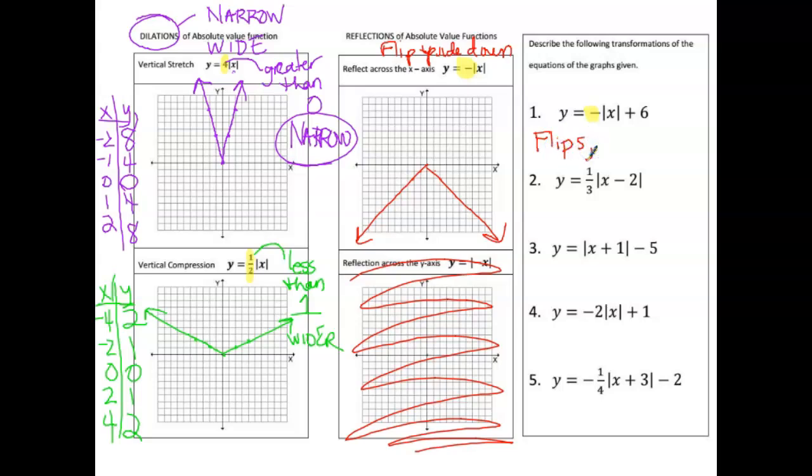There is nothing inside the absolute value in here, so I'm not going left or right. But there is this plus 6 on the outside. When it's on the outside, it tells you up or down. So this is plus 6. You write flips, up 6. Go ahead and pause the video and try 2, 3, 4, and 5, and then check the answers.